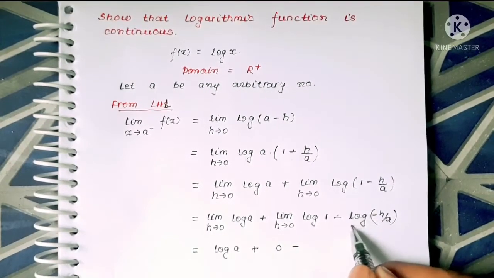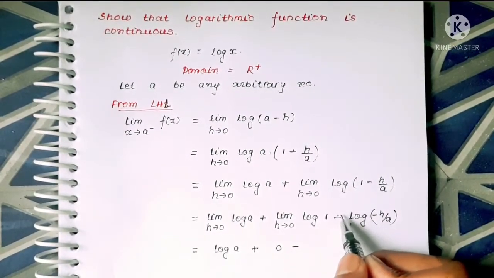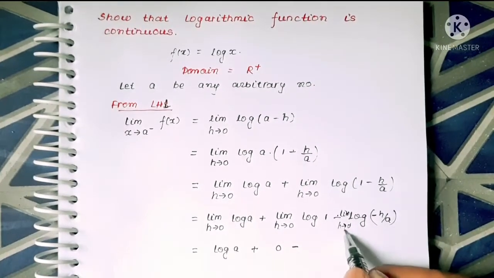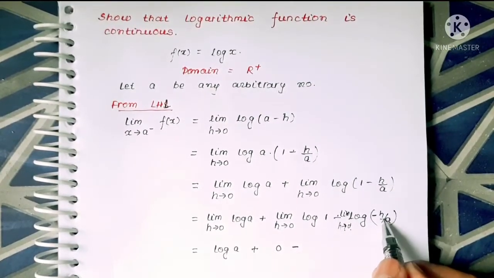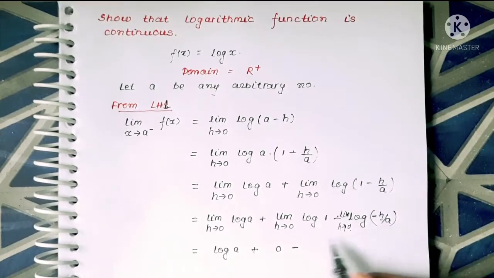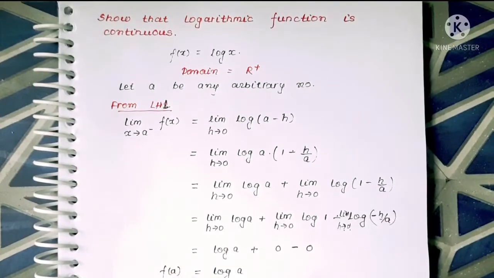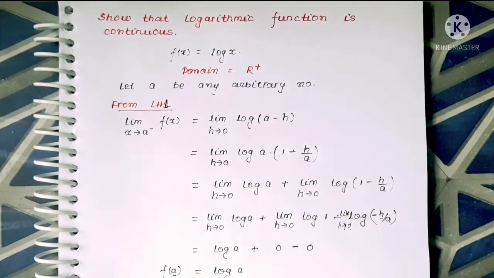Here also, I forgot to put limit h tends to 0. When h tends to 0, this h will become 0 and the whole will become 0. So what we get is log a, which is what we get when we put a in place of x. Now this was from the left hand limit.